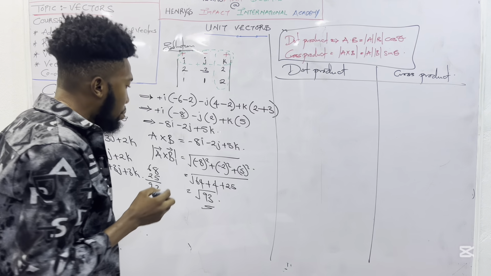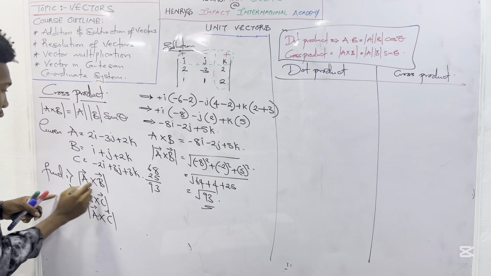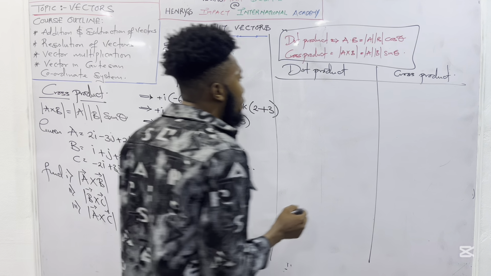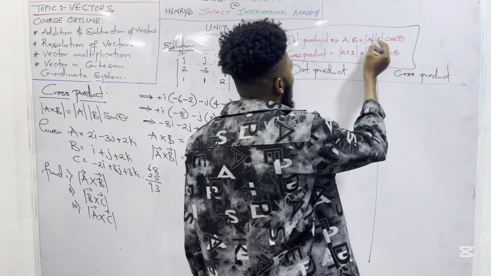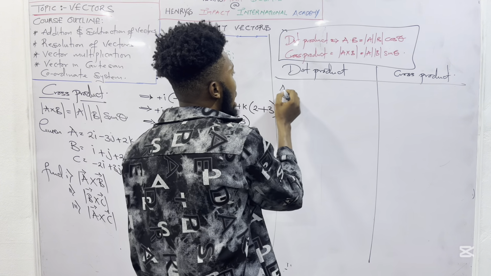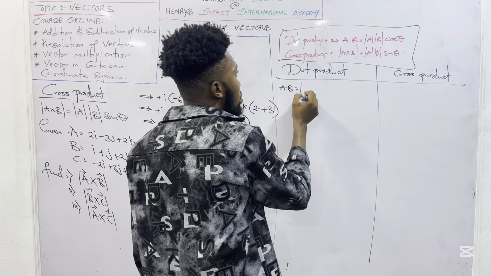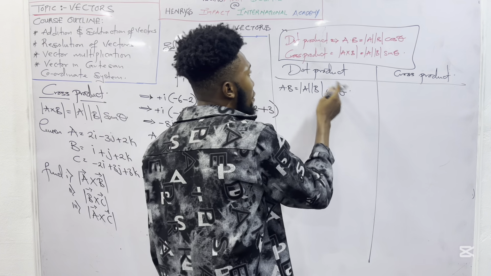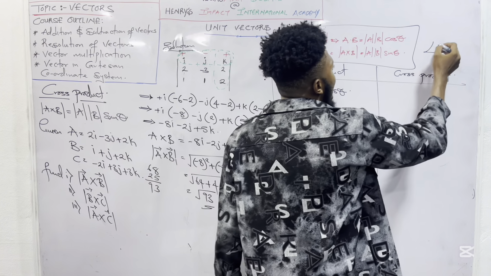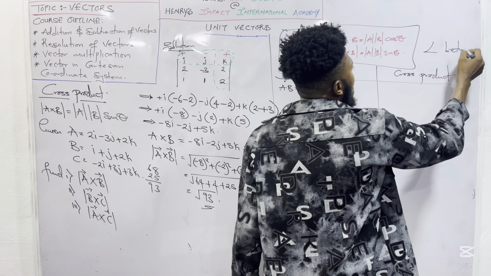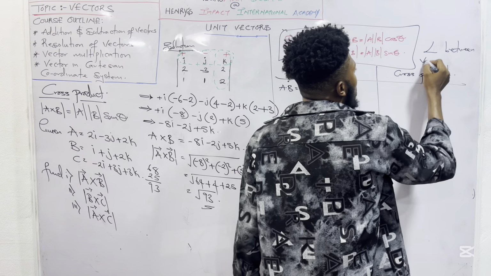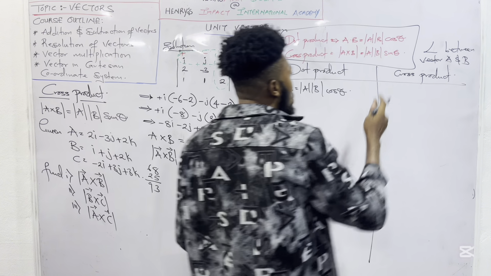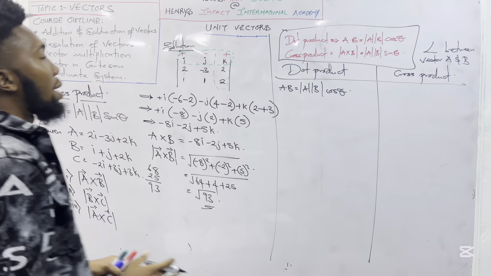All right, we're going to be using the same question here of A cross B. So we know already for our cross product, if we're going to be using the dot product, for instance, we're saying A dot B, we said is equal to modulus of A, modulus of B, cos theta, right? So we're looking for the angle between vector A and B. That's the angle between the two vectors.